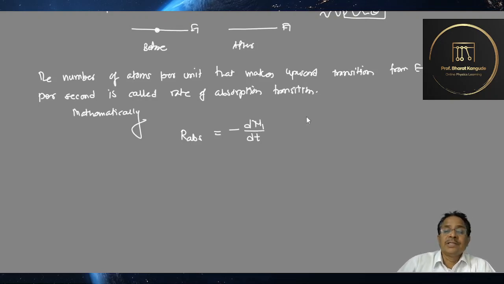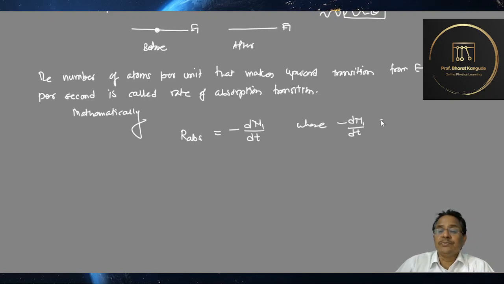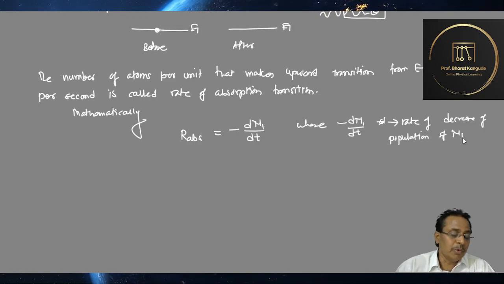The minus dN1 upon dt, with the negative sign, stands for the rate of decrease of population of N1, the lower energy level, that is E1.